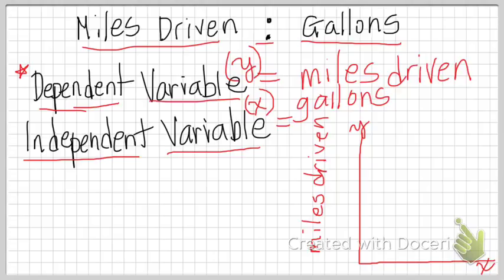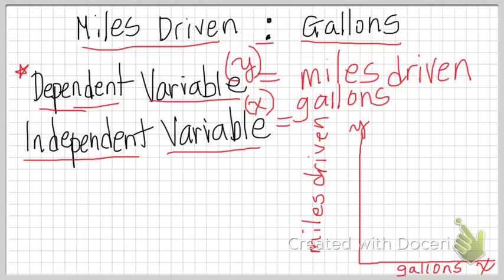And always remember, you're always labeling your graphs when you create them. The graph is not complete unless it has labels, because it doesn't communicate exactly what it needs to communicate. So again, our y value is our dependent variable.